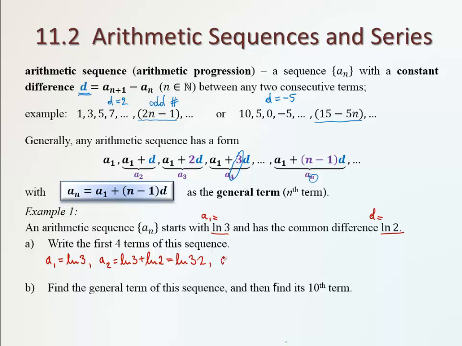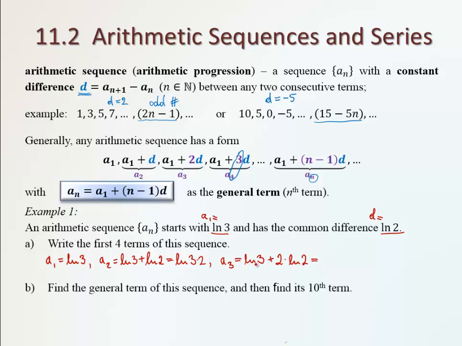Okay, let's list the next term, a3. That would be the first term, ln3, plus 3 minus 1, that means 2, times ln2. And again, if you recall properties of logarithms, we can bring this 2 as an exponent inside the ln, and then we can convert this addition into multiplication.